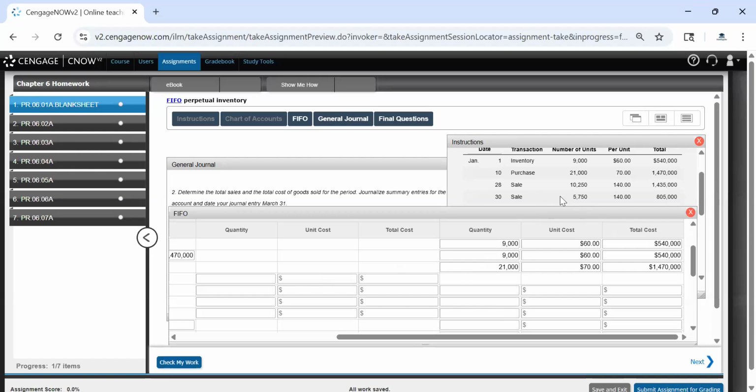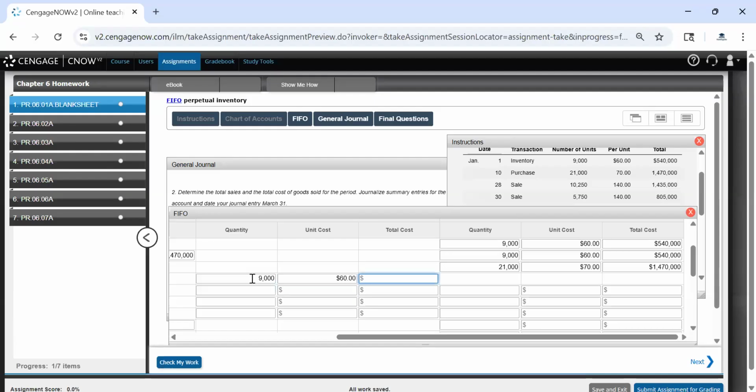This 10,250 units under the FIFO first in, first out inventory system, we have to take as much inventory as we can from the first units, which in this case are the beginning inventory units of 9,000. And since 9,000 is less than 10,250, we're selling all of them.